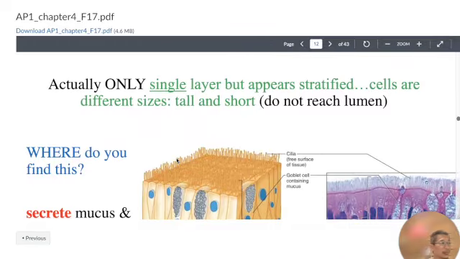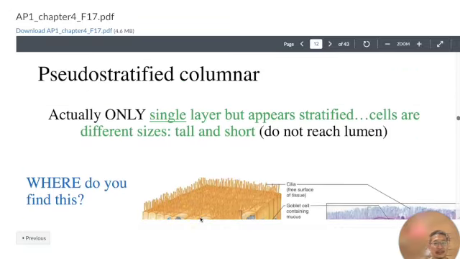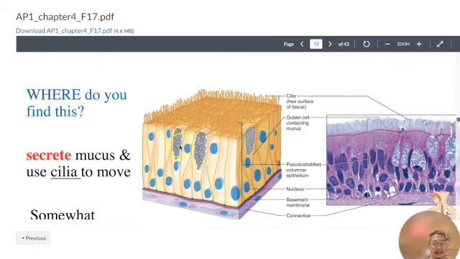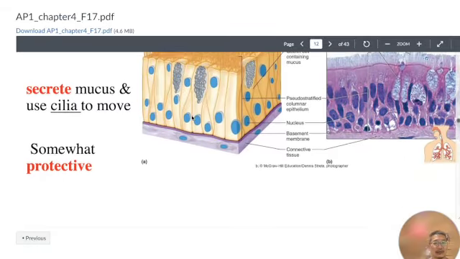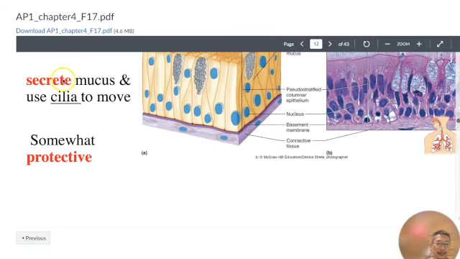Now again, the pseudo-stratified columnar, which again means fake, on top of one another. It's got little cilia. It also secretes and uses the cilia to move.